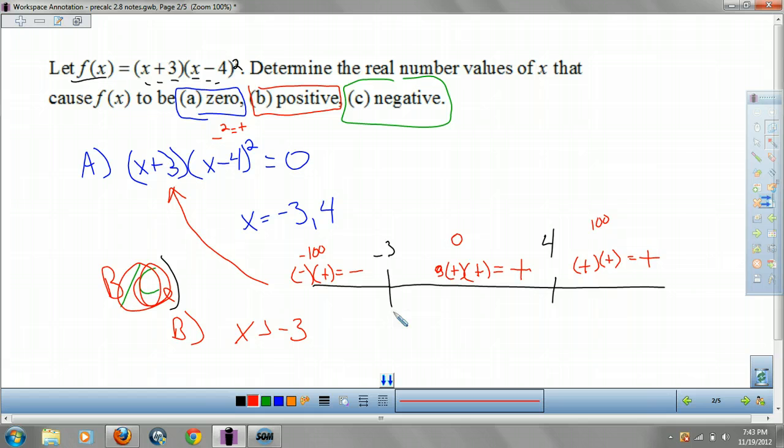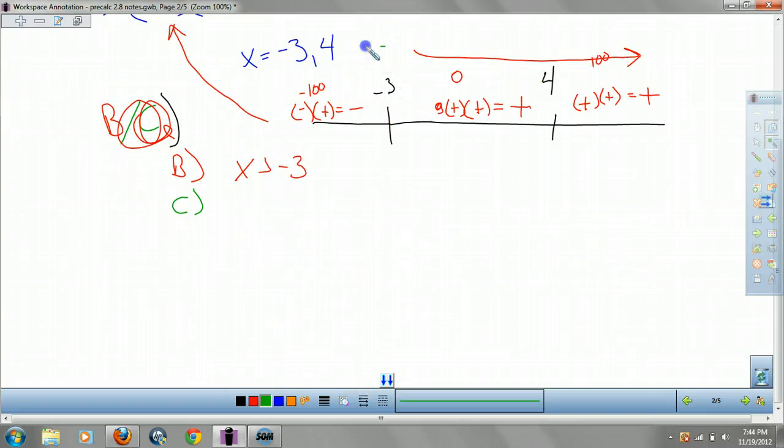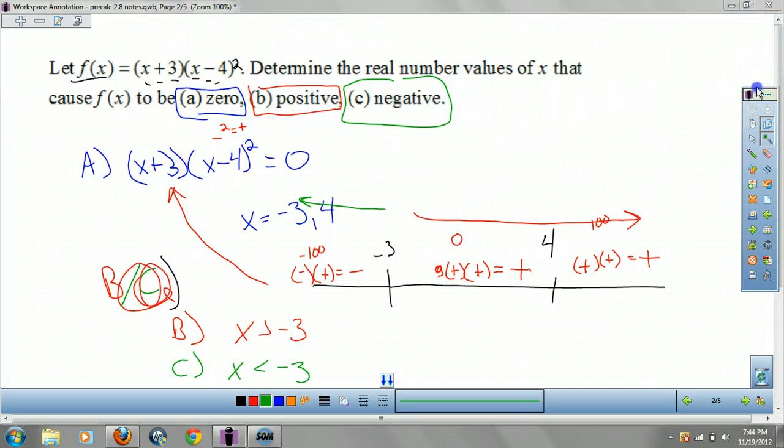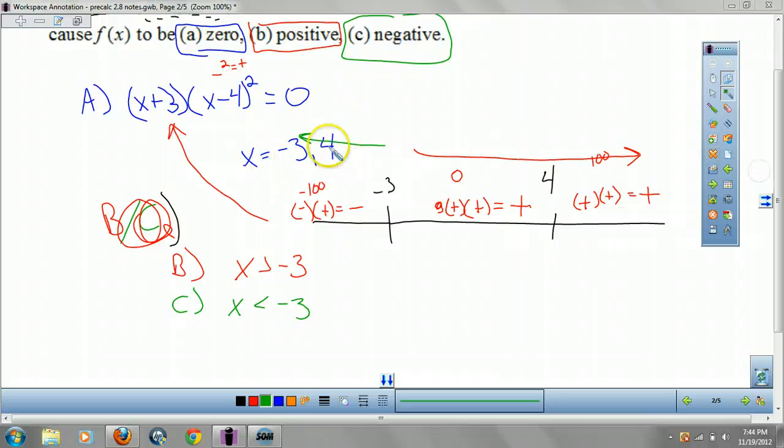You can see that's because we're positive here, so we're positive this whole direction. Now c, where are we negative? Well, we're negative from negative 3 in this direction, so when x is less than negative 3. And where are we 0? Well, when x equals negative 3 or 4. Capiche?